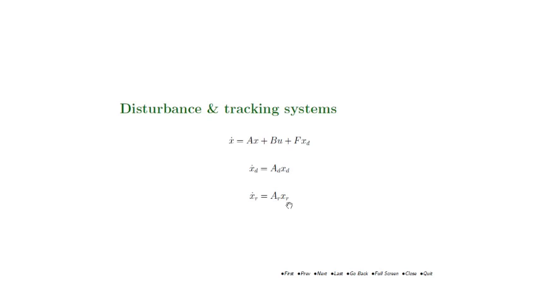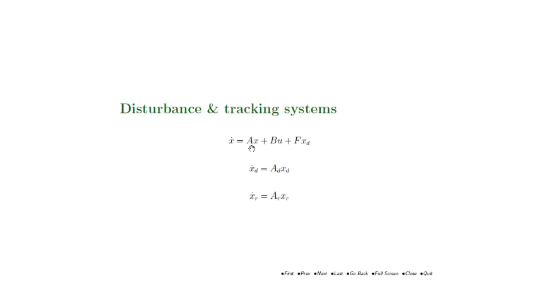We'll get to another case a little bit later today, but initially you should think of XR as a state vector really having the same meaning as X. In other words, XR is a vector of the same length as the X vector, and the elements in XR have exactly the same meaning as in X, except that this is the state you'd like the system to track.